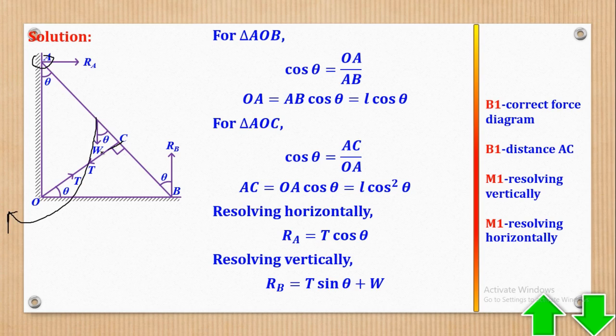This one will also be clockwise, but this one will be anti-clockwise. Therefore, the sum of these two moments will be equal to this moment. That's why RB is on one side and these two on the other side.